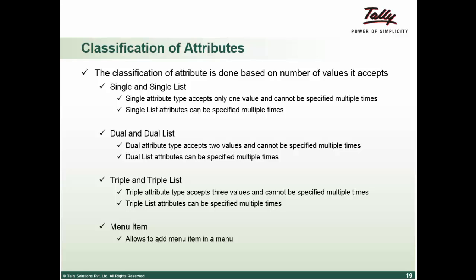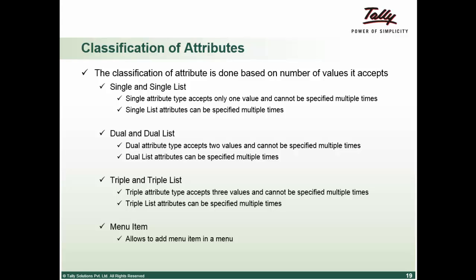For example, the repeat attribute at part level can be specified only once and takes 2 parameters, that is the line name and the collection name. Do not worry and stress on the examples much, because when we use them, you will understand what a dual and a dual list is and how we have categorized them.